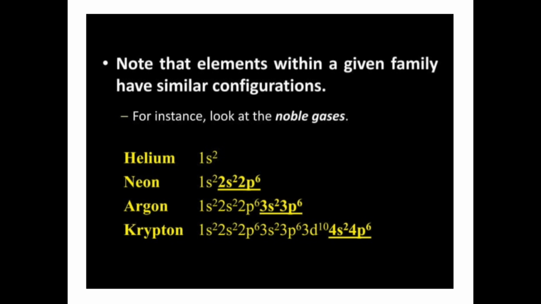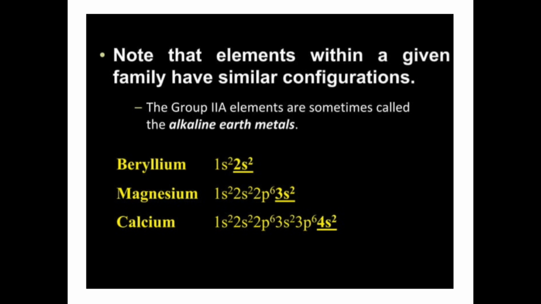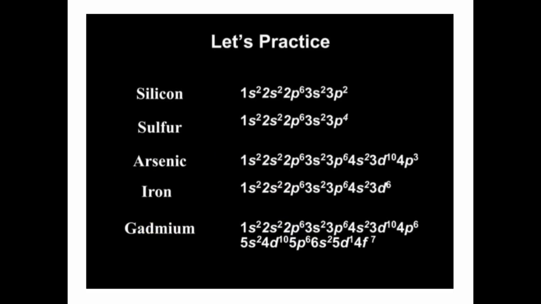That's 2 plus 6, 8, 2 plus 6, 8, 2 plus 6, 8. So they have 8, 8, 8, and that's the octet. Then helium is 2, that's the duplet. So these are the noble gases. The same thing with the alkaline earth metals: you will see beryllium ending with 2, magnesium ending with 2, calcium also ending with 2. That means they belong to group 2, called the alkaline earth metals.